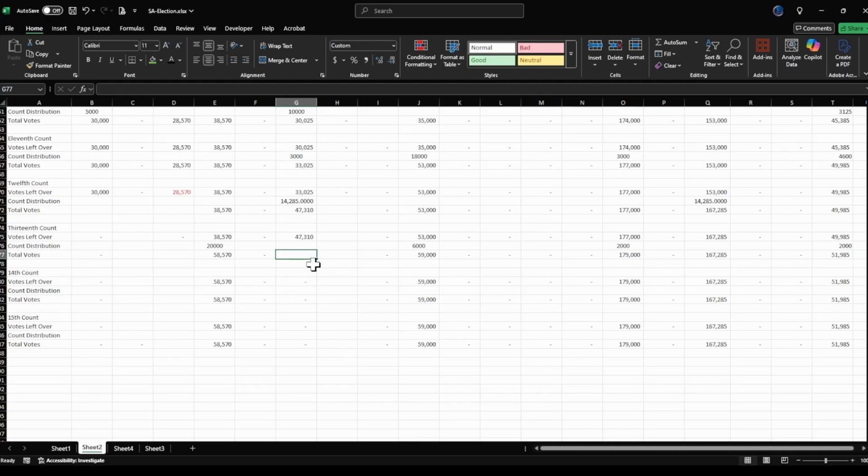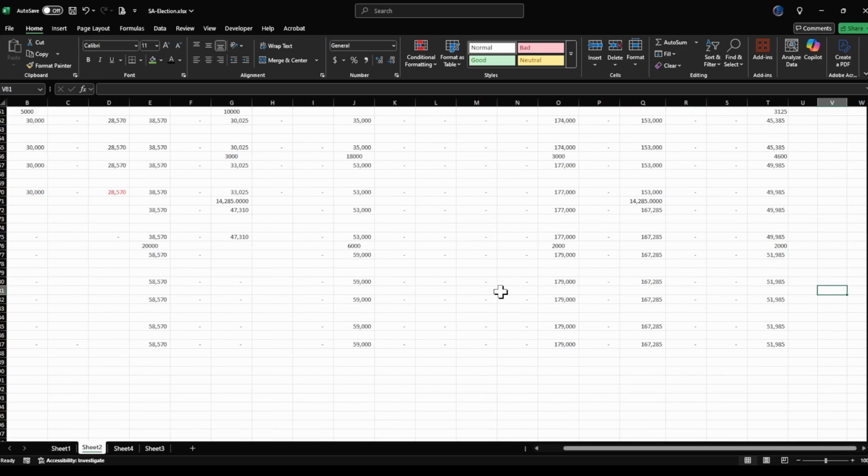So we delete that. And remember, these are a 1-to-1 vote because they haven't reached quota.